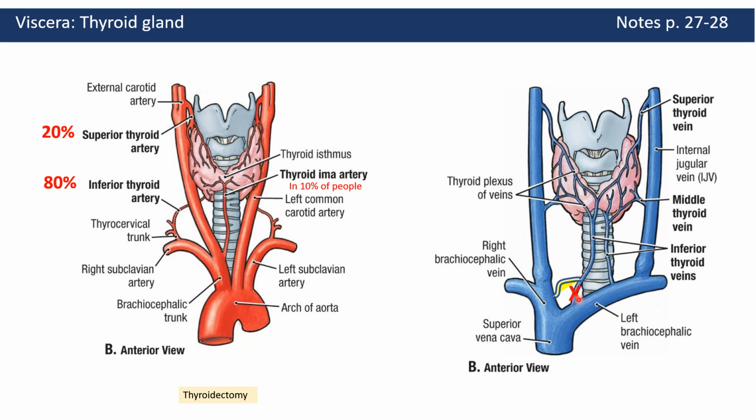So go ahead and put an X here, because the pattern that we want you to remember is that the inferior thyroid veins drain into the right and left brachiocephalic veins, mimicking more of the bilateral nature of the inferior thyroid arteries, as opposed to both coming off of the left brachiocephalic. So again, to recap, the inferior thyroid veins drain into the right and left brachiocephalic veins, respectively.